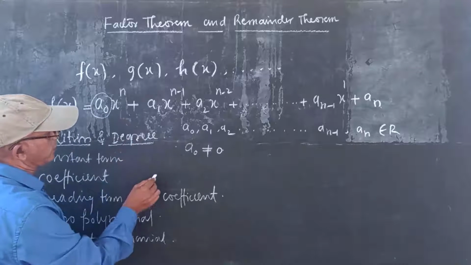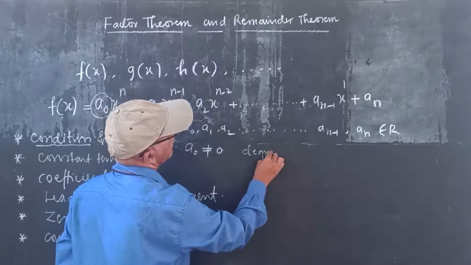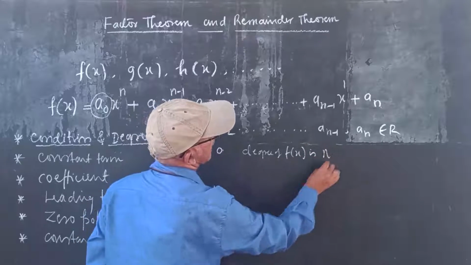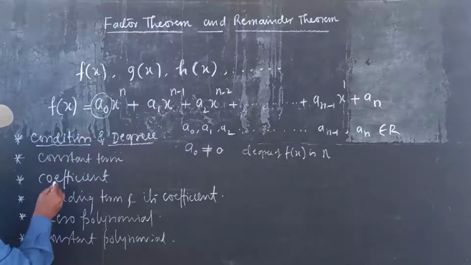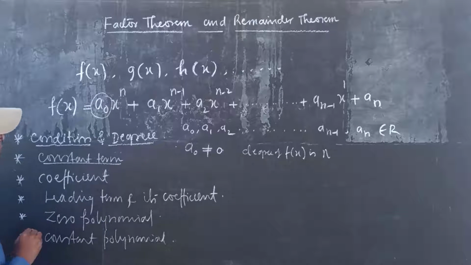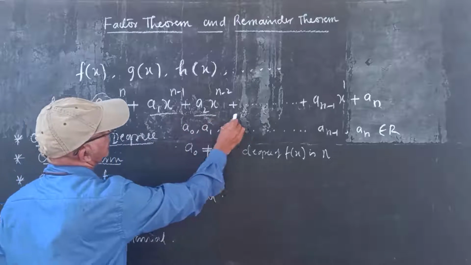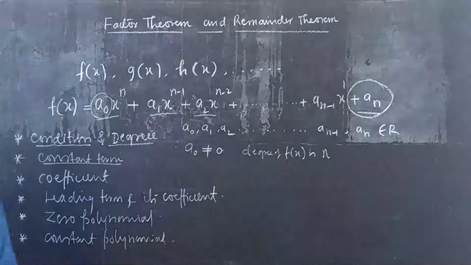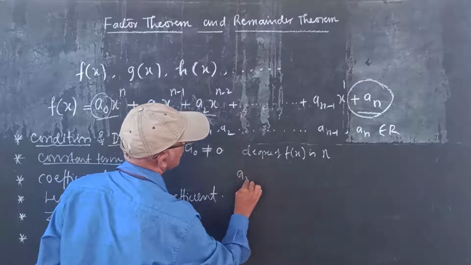If it is like this, we say the degree of the polynomial fx is n. We say the degree is n. Constant term. Now, these are all the terms. Observe the last term is called as constant term. So, the constant term is an.